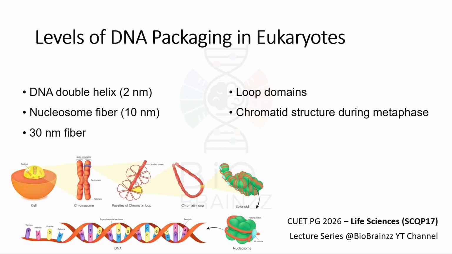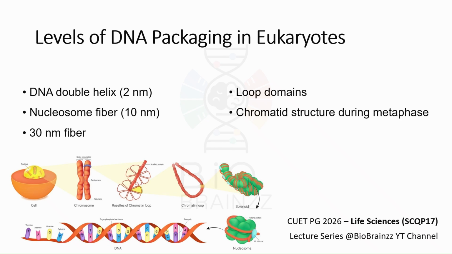Now, let us understand the levels of DNA packaging in eukaryotes. In other words, how a very long DNA molecule is folded step by step to finally form a visible chromosome. The first and most basic level is the DNA double helix, which has a diameter of about 2 nanometers.